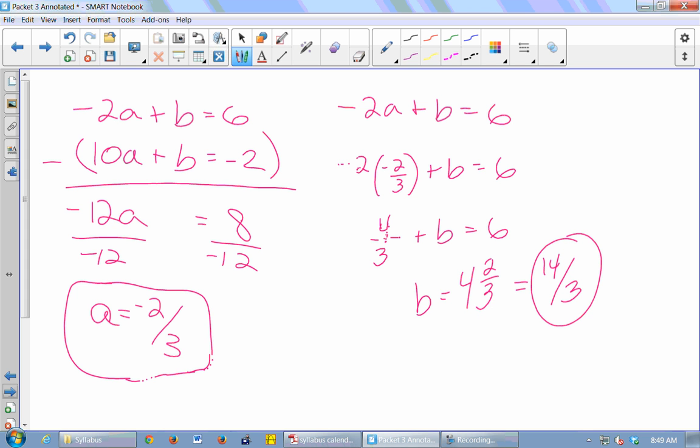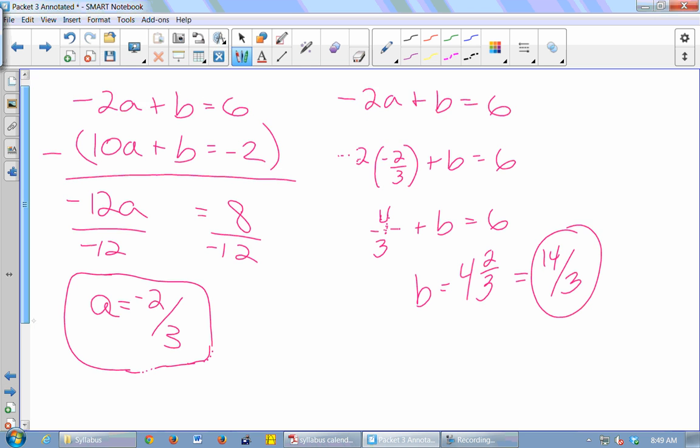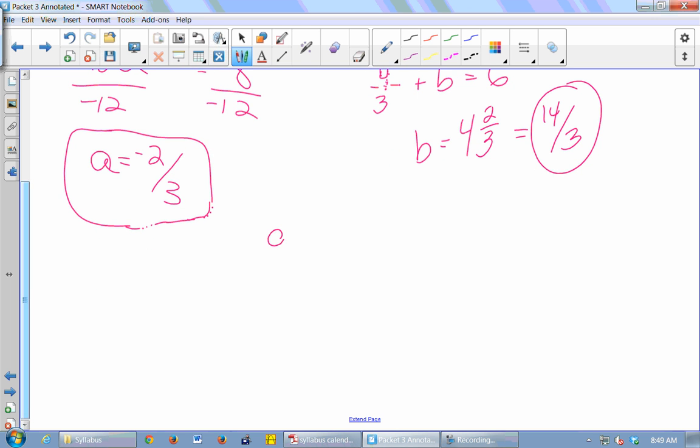All right, and then to get c, I'll use the one equation that had a c in it, that a plus b plus c is 4. So negative 2/3 plus 14/3 plus c is, how many thirds is 4? 12, right?